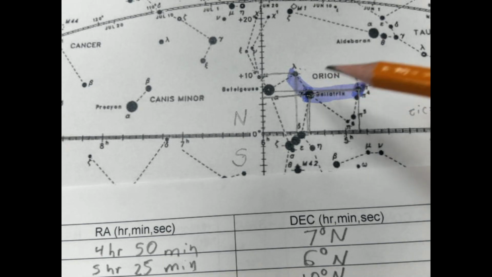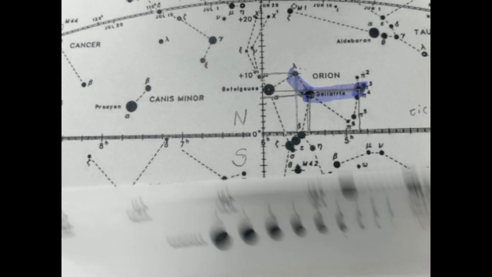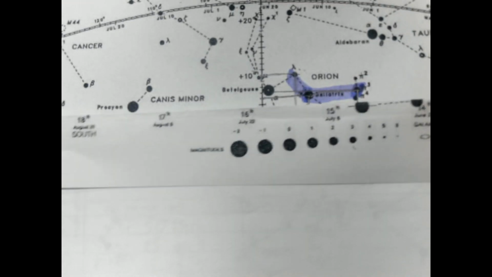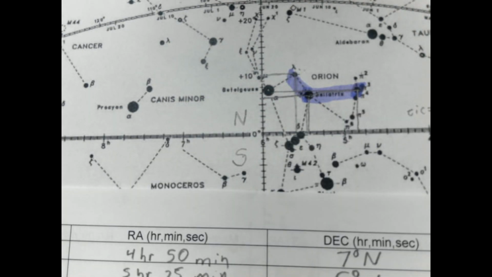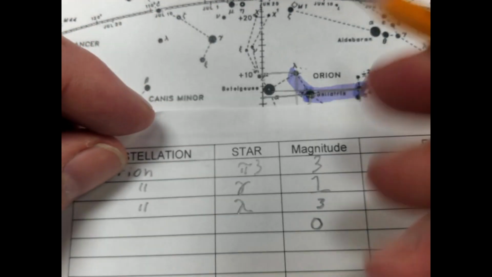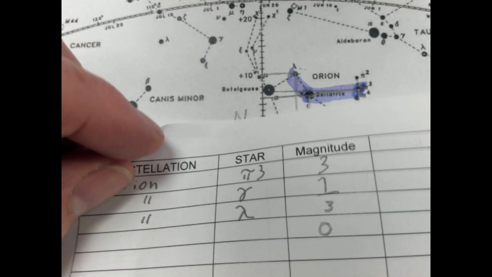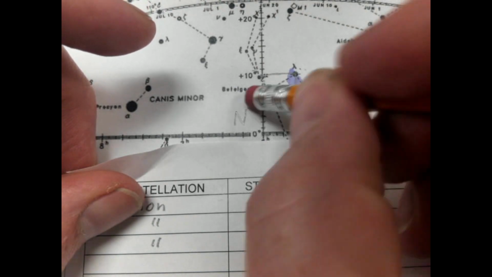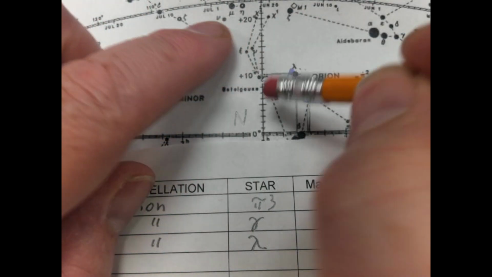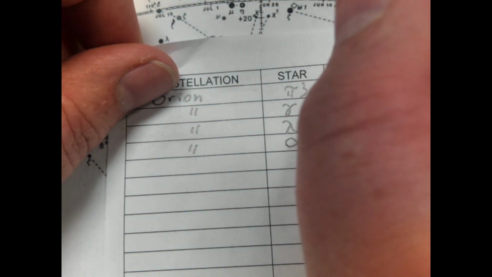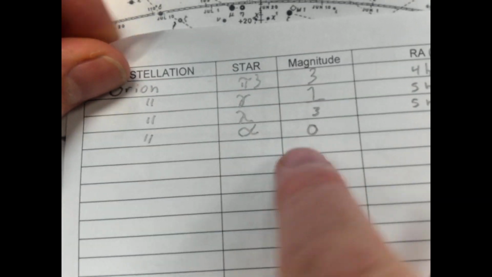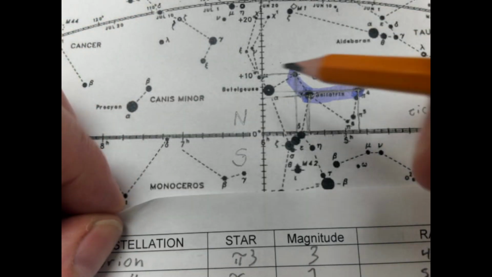Betelgeuse. Betelgeuse is pretty darn big. I actually put that probably at a 0. Betelgeuse's letter, that's alpha. So Orion alpha, magnitude of 0.